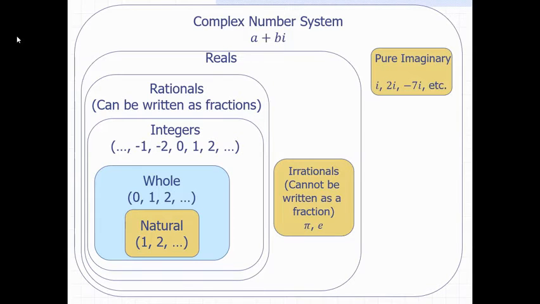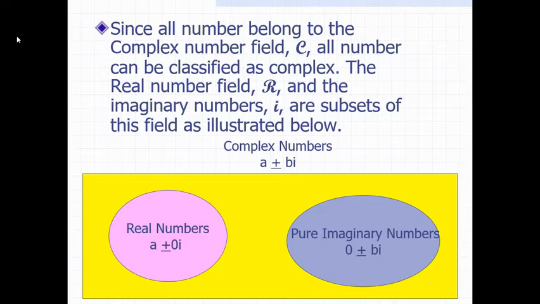And then we have our pure imaginary numbers, which have i's in them for imaginary. The real numbers and the imaginary numbers are joined by the complex number system. A is the real number and bi is the imaginary number. Since all numbers belong to the complex number field, C, all numbers can be classified as complex.